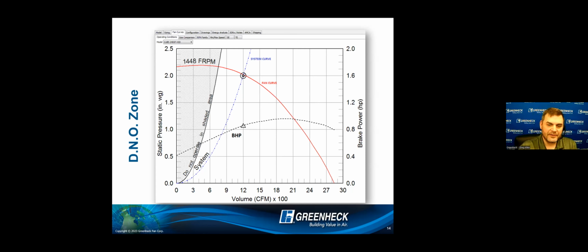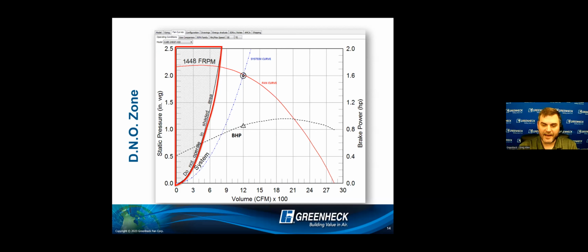First thing I kind of want to point out is the do not operate zone, right? The don't go in there zone. This is an area of a fan's capabilities that this fan will have poor performance, right? Even more than poor performance, it can have destructive performance. All manufacturers of air movers are going to give guidance and say, do not pick or operate a fan in this region.